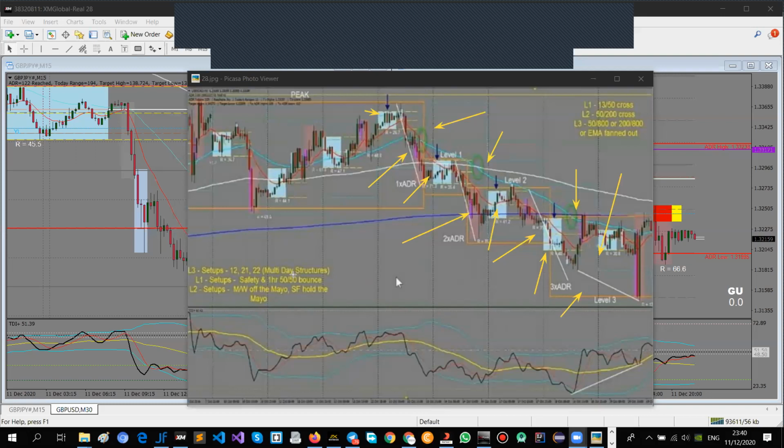Then we're on level three setups. We're looking for the 1-2 trade, the 2-1 trade, the 2-2 trades, multiple day structures. The 1-2 trade is just the second leg of the second leg.